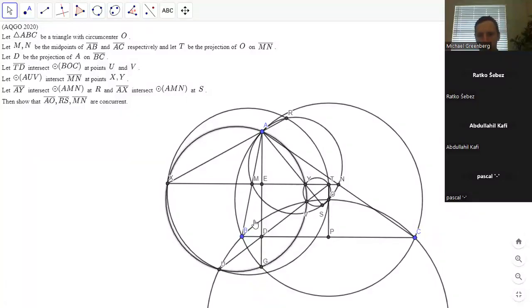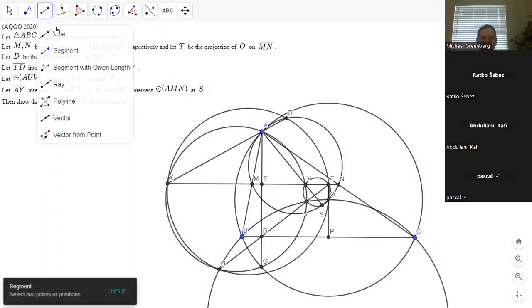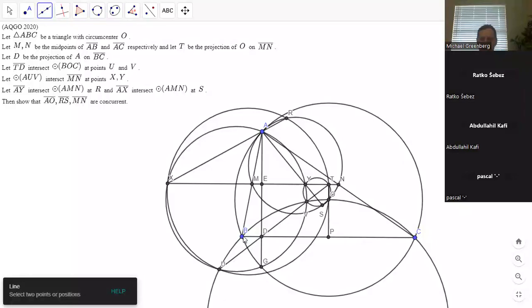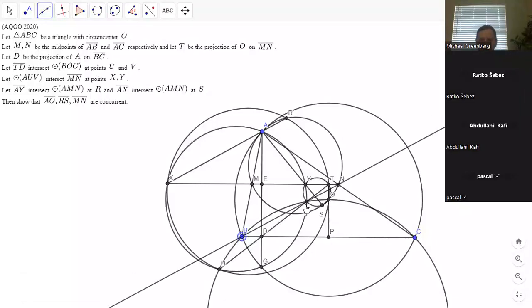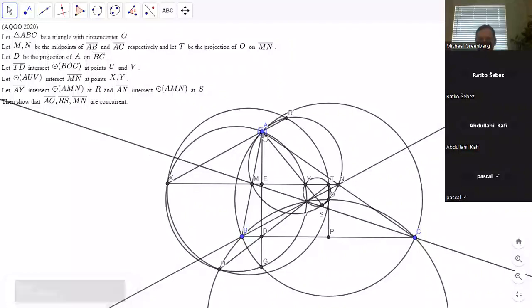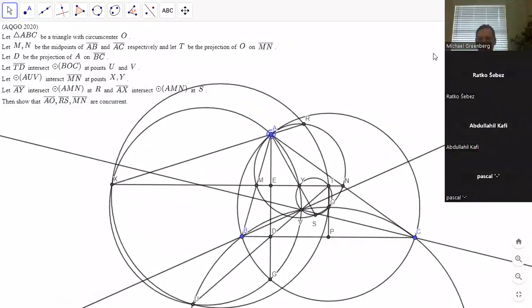BVY is UVY minus UVB. Oh, it looks like BV and N are collinear and CV and M are collinear. But wait, I'm not sure that's true actually. If I move the diagram around, that's not true.